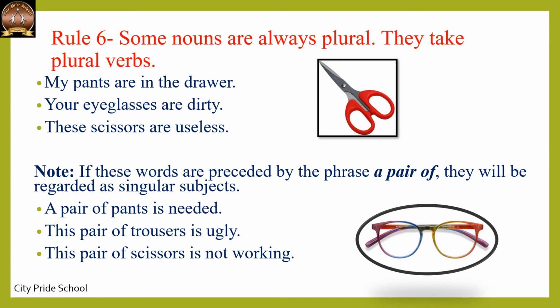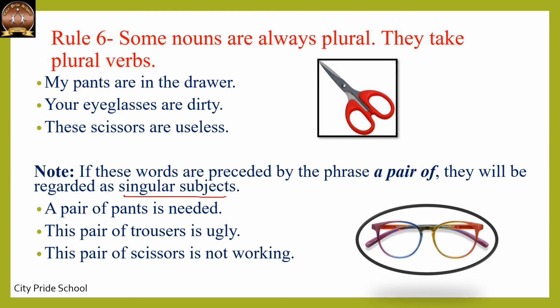But if the plural nouns are preceded by the phrase "a pair of", they are regarded as singular subjects. So when you say a pair of pants, it is considered a singular subject. At that time we use the singular verb.